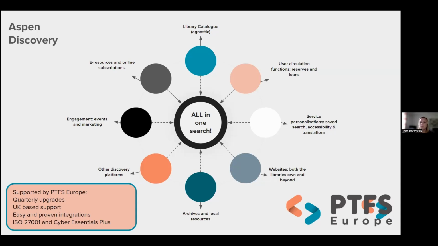So they can search in Aspen to find material in your library catalogue, but they can also find material in your ebook collection, your e-audiobook collection, indexed websites, any archival and photographic collection type things that you may have ingested in, as well as obviously integration with discovery services like EBSCO Discovery Service and Summon.